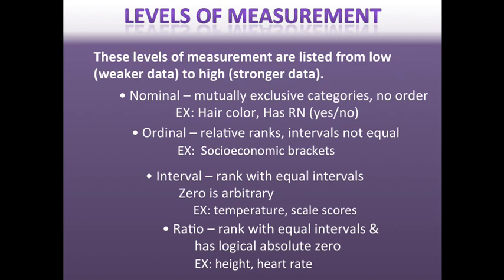Then the next level is ordinal data, and this is where the data itself has relative ranks, but the intervals themselves are not necessarily equal between the different rankings. So an example of this is socioeconomic brackets. So very often when we're measuring this, we say something like 0 to 30,000, 30,000 to 75,000, 75,000 to 150,000, and then 150,000 or above.